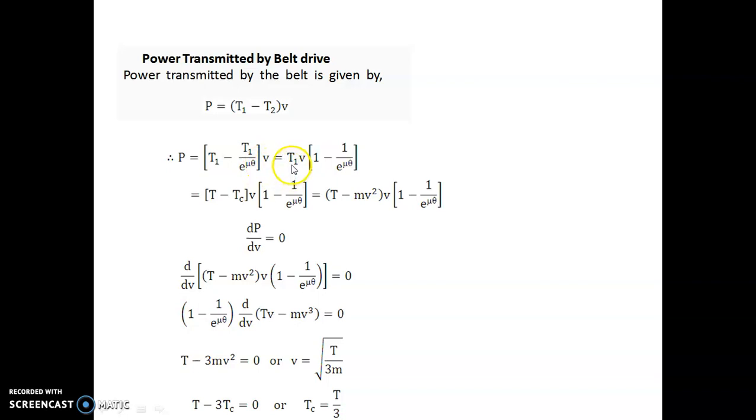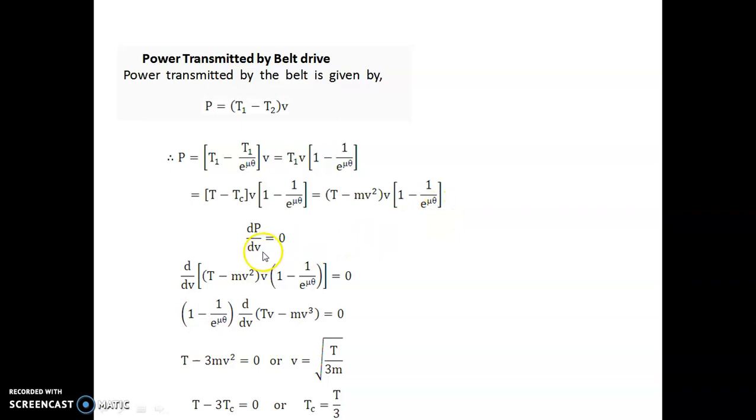T1 is taken common into V, (1 minus 1 upon e raised to μθ). T1 is also written as total tension minus centrifugal tension, into V, (1 minus 1 upon e raised to μθ). That is, (T minus mv²) into V, (1 minus 1 upon e raised to μθ).